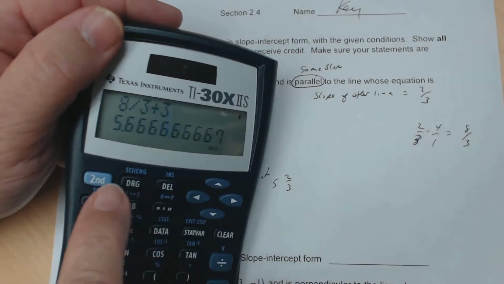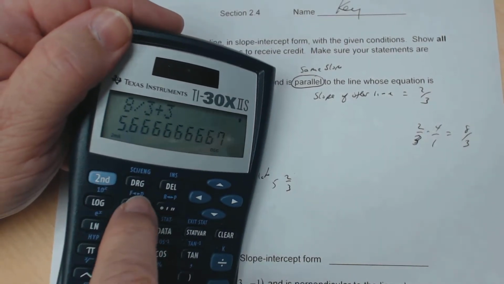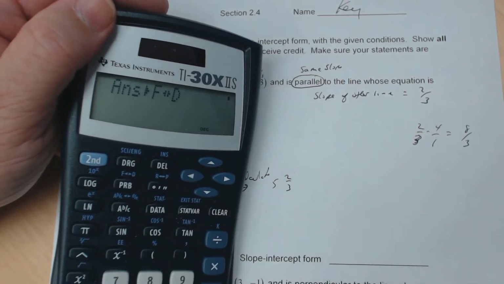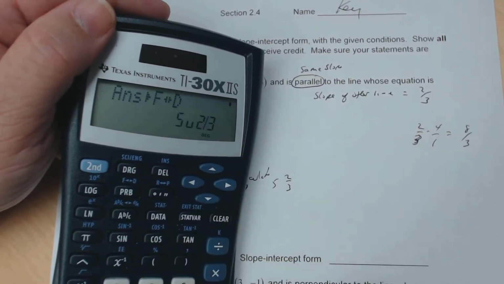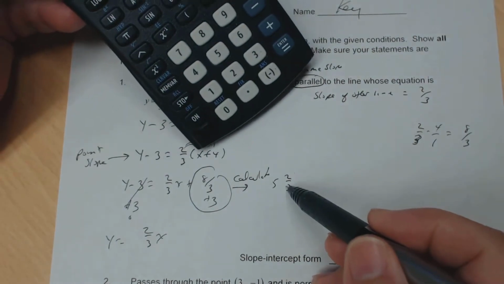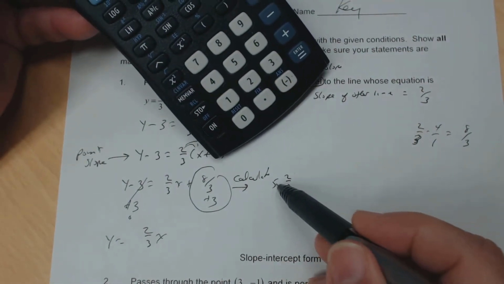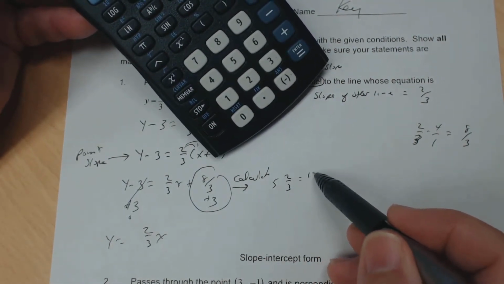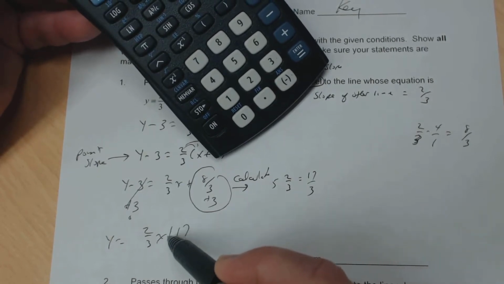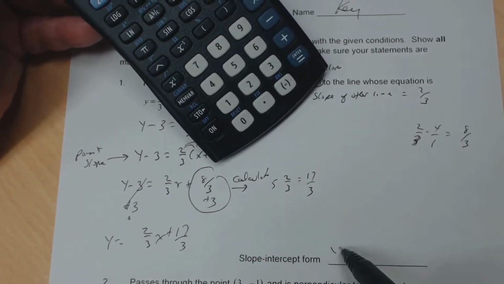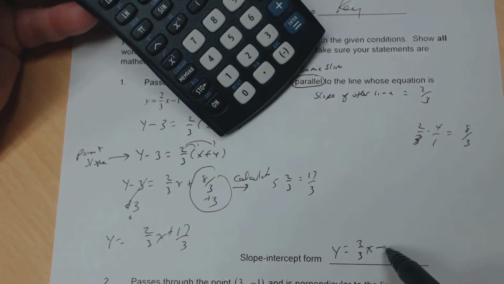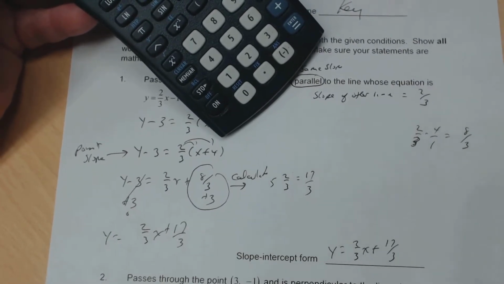Second PRB, that gives you fraction decimal, press equal, and you get 5 2/3. As an improper fraction, that's going to be 5 times 3 is 15, plus 2 is 17, so 17/3. So you have y equals 2/3 x plus 17/3.